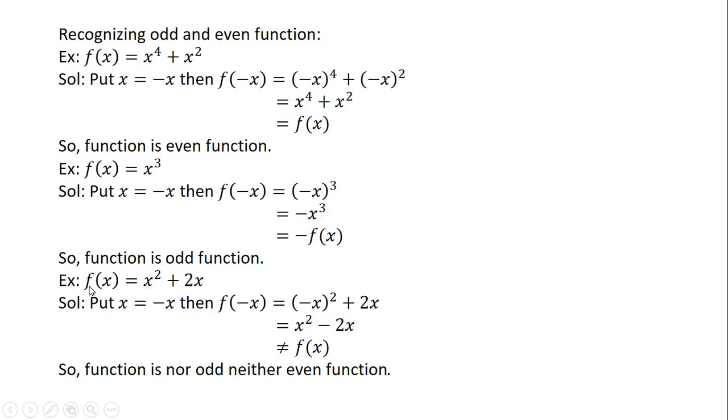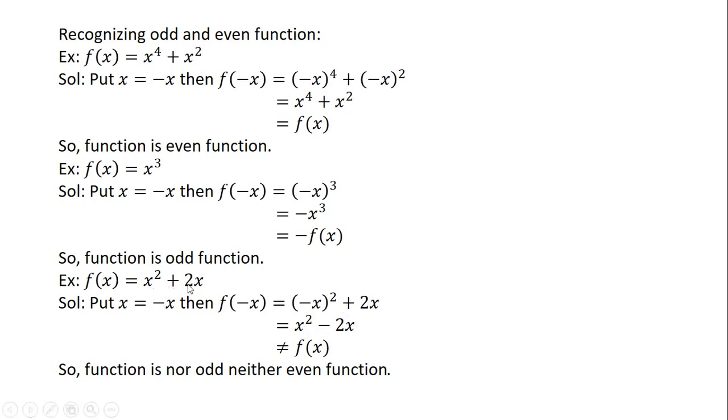We have the next example, f of x equals x square plus 2x. So we put x equals minus x, then f of minus x equals minus x whole square plus 2 times minus x. So it becomes x square minus 2x, but we will take minus 1 common, then we do not have the value of f of x, so it changes the sign.